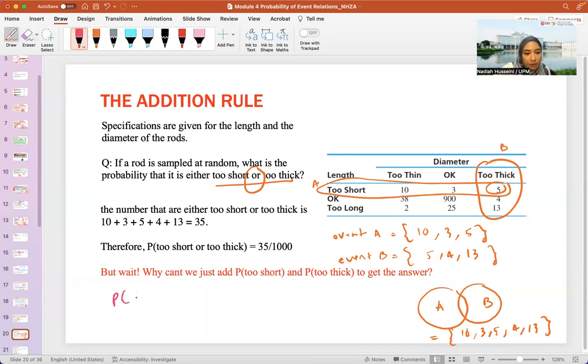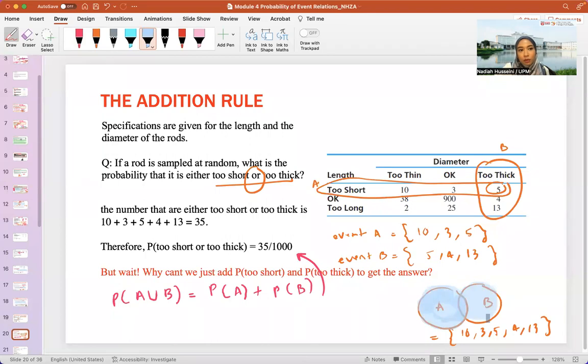It was P(A union B). Can I do this here? Will I get the same answer?